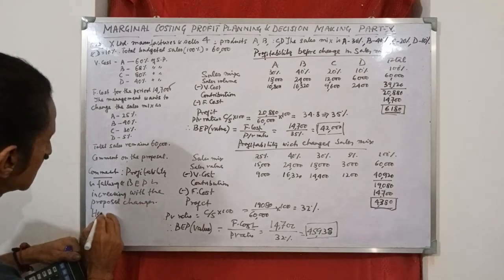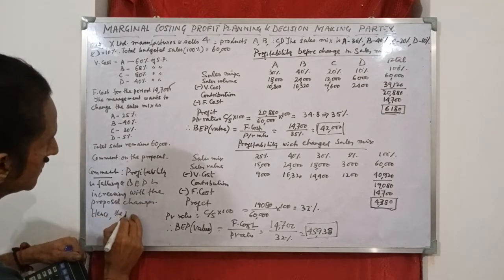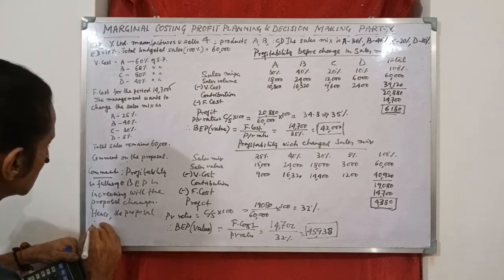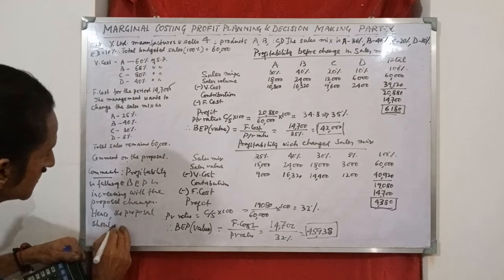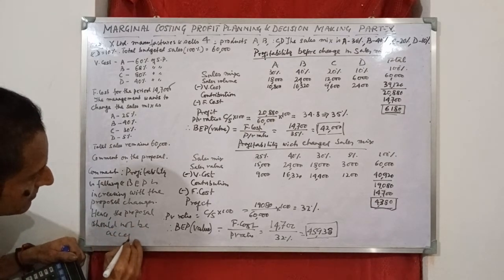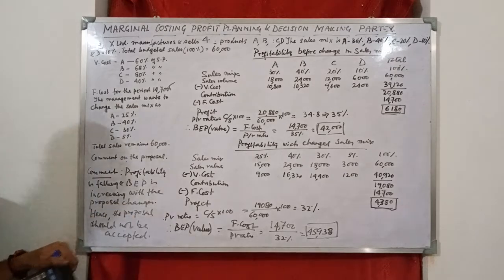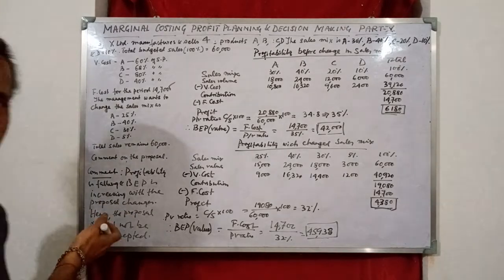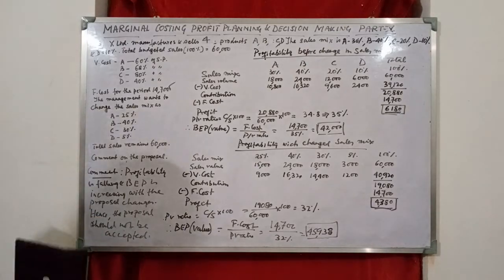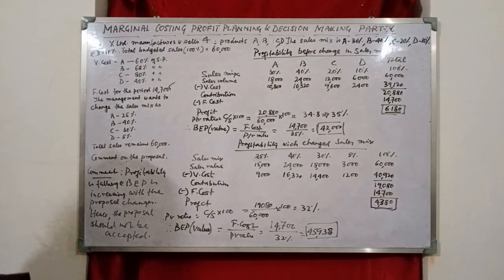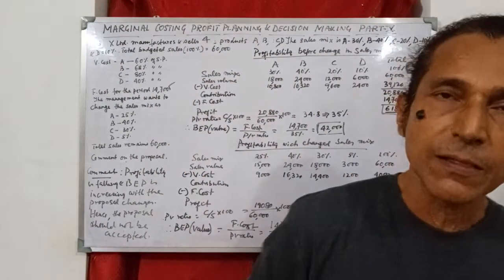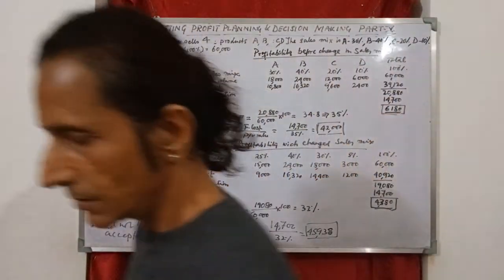Hence the proposal should not be accepted. So this is management's decision, that is not to change the sales mix, to keep the sales mix as it is right now, as per the budgeted figures. Okay.